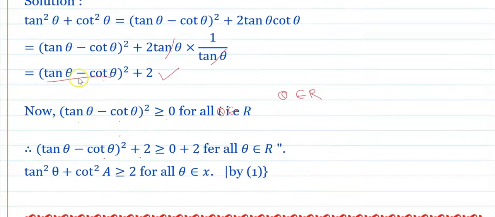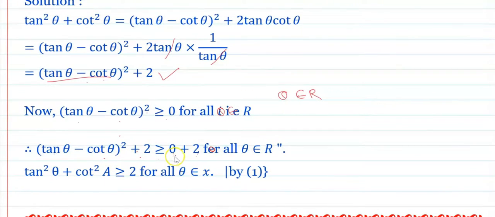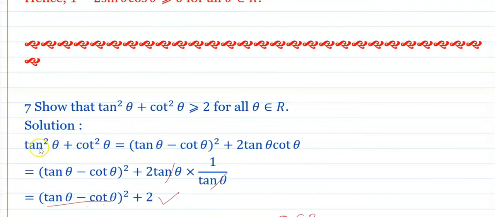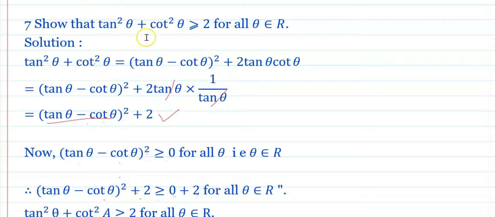That is, in case it is 0, that is 0 plus 2, for all theta belongs to set of real number. It means that this value, tan theta minus cot theta bracket square plus 2, is greater than or equals to 0 plus 2. Means what? The value of tan square theta plus cot square theta is greater than or equals to 2 for all theta belongs to set of real number. Okay. Once again you can see here: tan square theta plus cot square theta is greater than or equals to 2 for all theta belongs to set of real number.